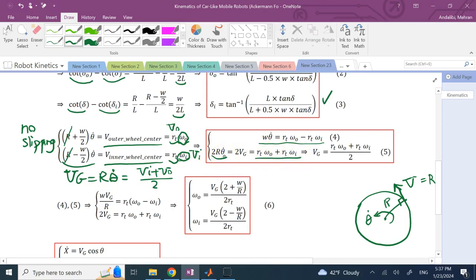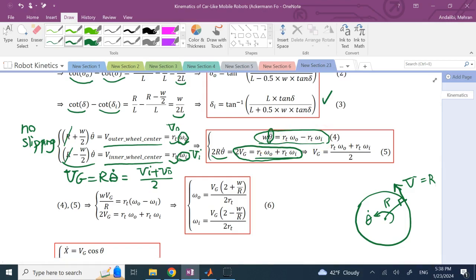So now if you look, this is one of your equations to solve for omega I and omega O. And the other one is this guy. Now you might say, hey, this guy I cannot use. Why not? Because I don't know theta dots. And you're absolutely right. You don't know theta dots.